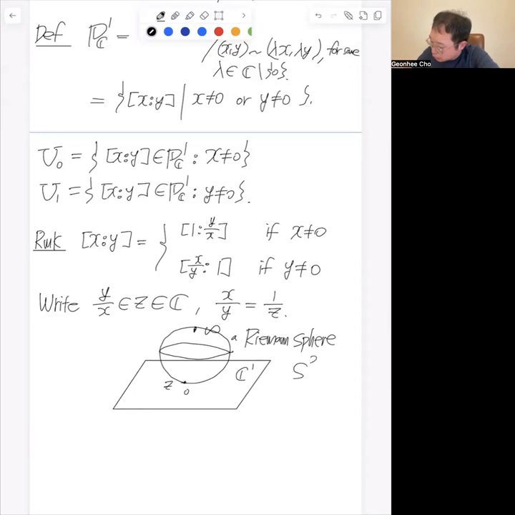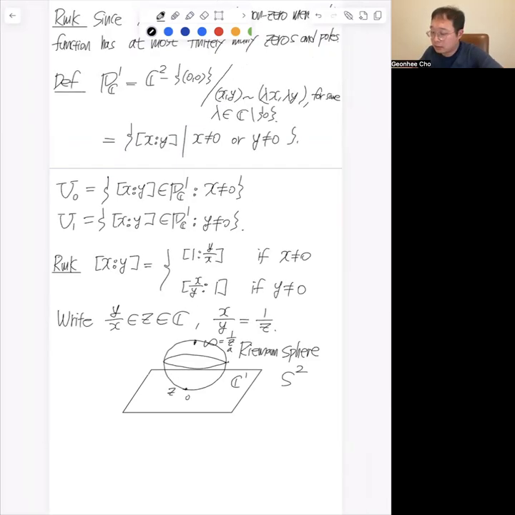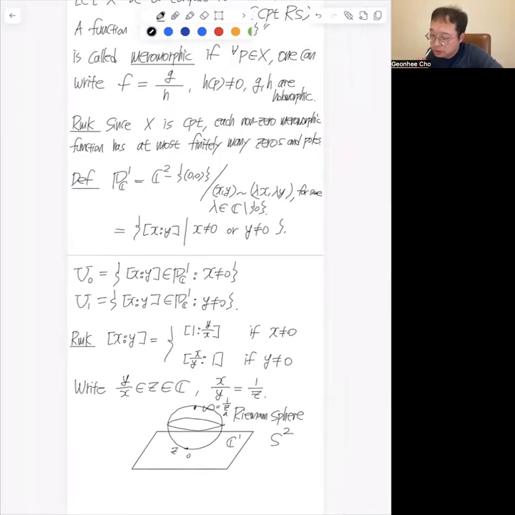That is usually also written as S2. But you can see that this point at infinity should be written by 1 over z, so that the rigorous description of CP1 indeed represents the complex plane adding one additional point, so that we now have this intuition.